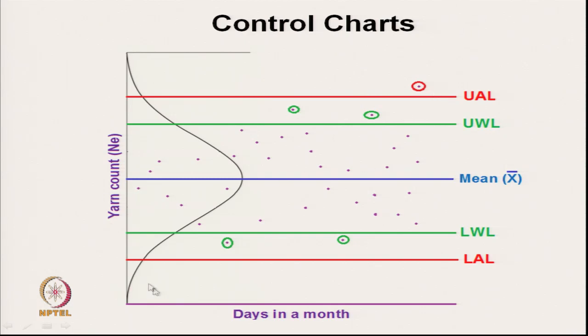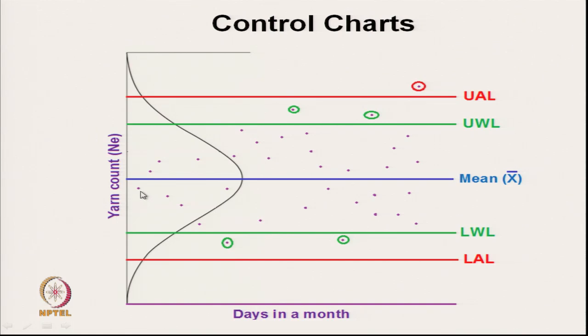Now, if you see, this is the yarn count data throughout the month. At different days we are taking count, the mean count of a particular date or a particular lot. Okay.